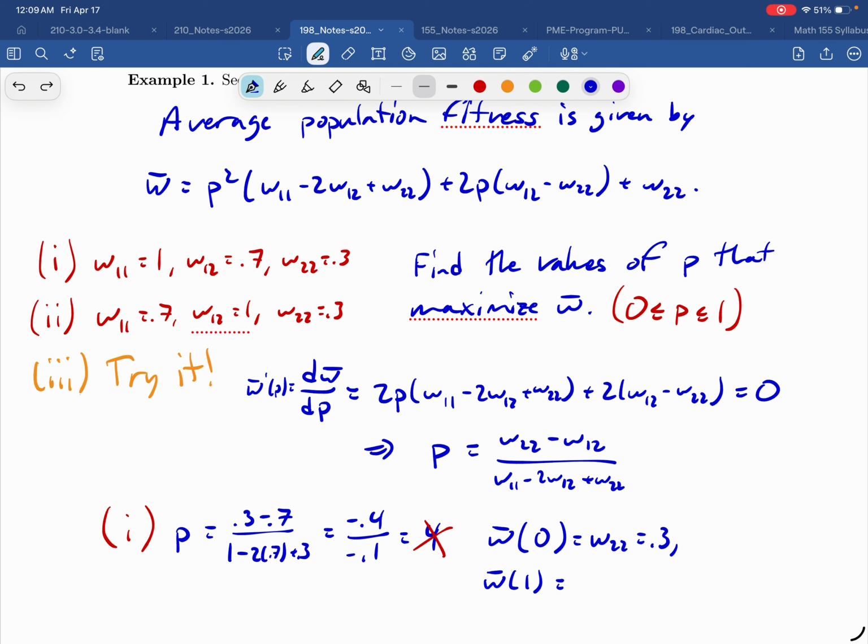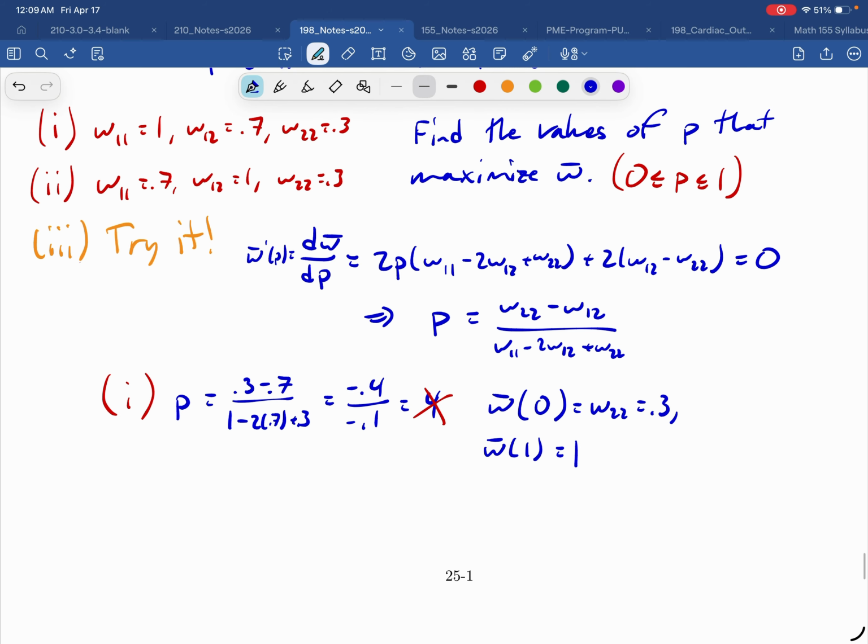Minus 2W12 is going to cancel with the plus 2W12, so that goes to 0. W22 minus 2W22 plus W22 also cancels out, and you're left with 1.